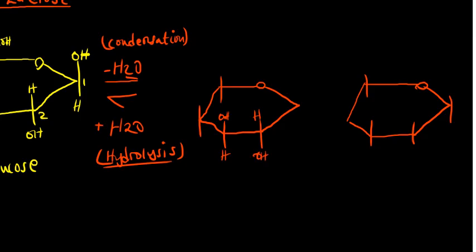For H here, H here, you have CH2OH, you have H here, OH here, you have CH2OH, you have H here, OH here, we have H here, we have H here, we have another OH, then we have OH here, we have H.